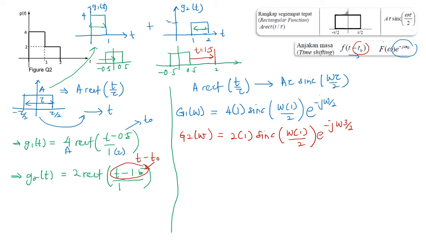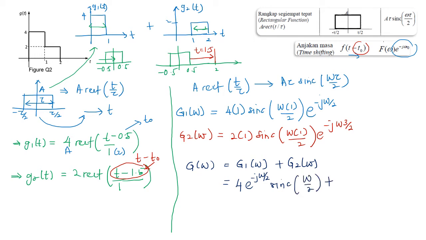So the final equation: G(omega) equals G1(omega) plus G2(omega), which is equal to 4 e to the minus j omega over 2 sinc(omega over 2) plus 2 e to the minus j omega 3 over 2 sinc(omega over 2). So this is your G(omega).